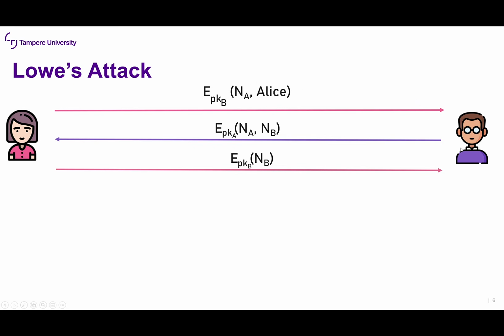Then Bob, at a later message, after obtaining Alice's public key, will encrypt a message with Alice's public key containing the nonce that Alice generated, as well as a fresh nonce NB. And then at the last stage of the protocol, Alice would prove to Bob that she knows SKA by sending back NB encrypted with Bob's public key. Good.